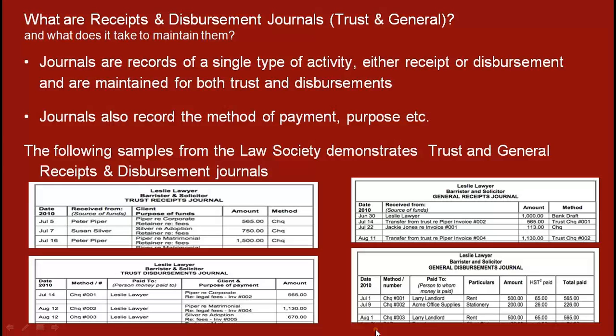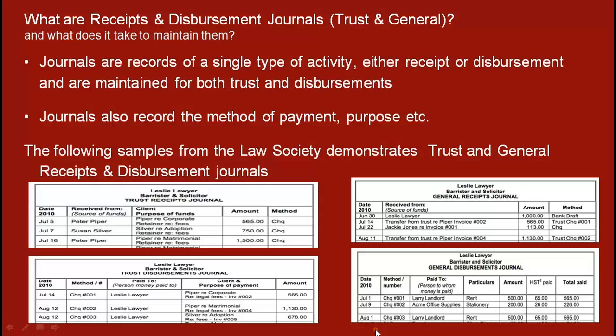Leslie Lawyer wrote check 001. And what was the client and purpose? It was towards the legal fee for that invoice. What was the amount? It was $565. That was the amount moved. So that's the money that left trust, and we're capturing the particulars in terms of the method of how you paid or moved that money from trust to general, and who it was paid to. Obviously, it's paid to the lawyer or the legal professional in this case.